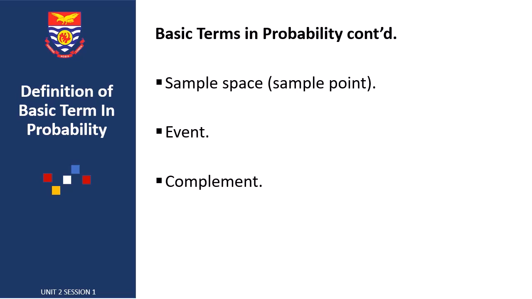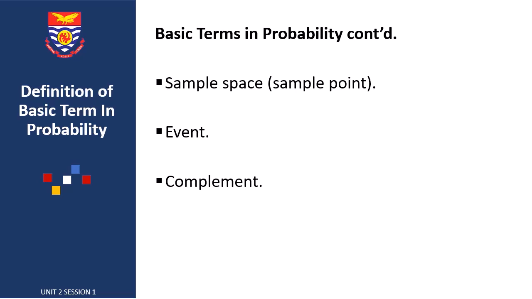We have what we call the sample space. A sample space is a set of all possible outcomes of a given experiment. Do you see that all the terms link to each other? What do we mean by that? For example, let's go back to the tossing of a die.